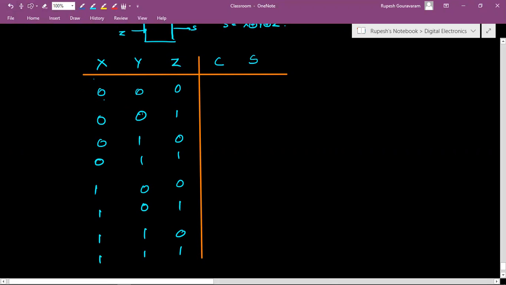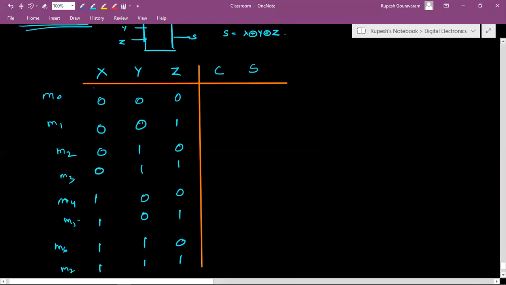So these are the possible minterms M0, M1, M2, M3, M4, M5, M6, and finally M7. Corresponding to each one of them, we get the sum and carry. Sum is given as X XOR Y XOR Z.